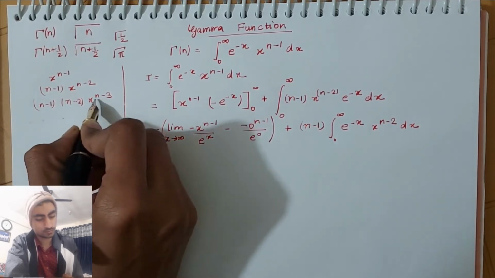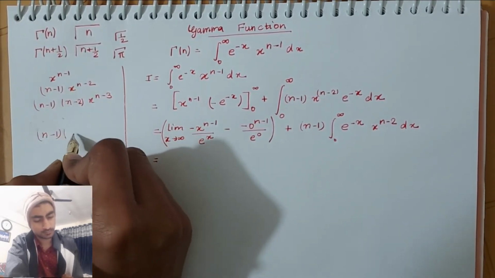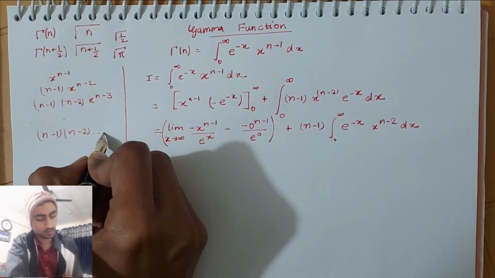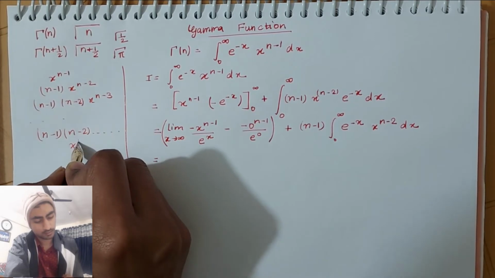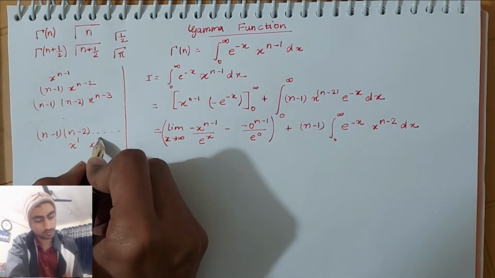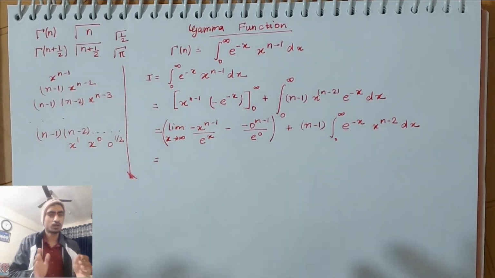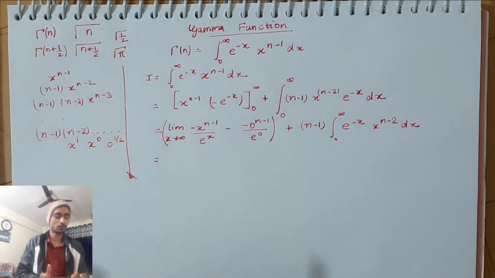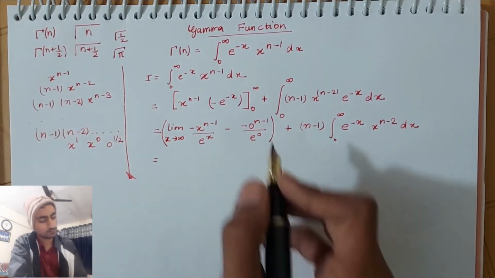It will continue, and at the end we will get x to the power 1 or x to the power 0, or maybe x to the power 1 by 2. It will reduce to a finite number. That's what I am trying to say.